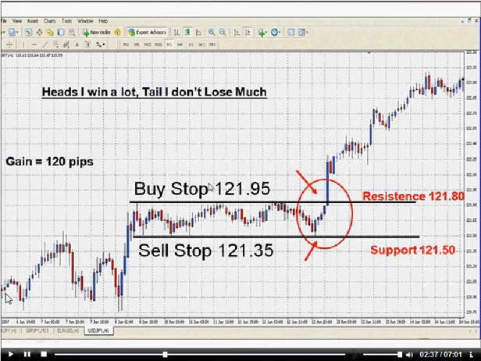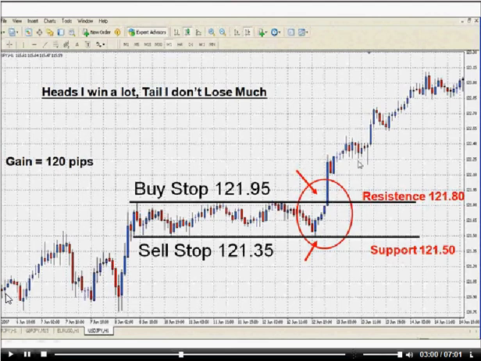So essentially when you place these two orders, it's basically a pending order waiting to be executed. Now you notice the currency breaks out from the resistance line and it's going up. So in this case your buy stop order will get executed. Your sell stop order will still be in the system.